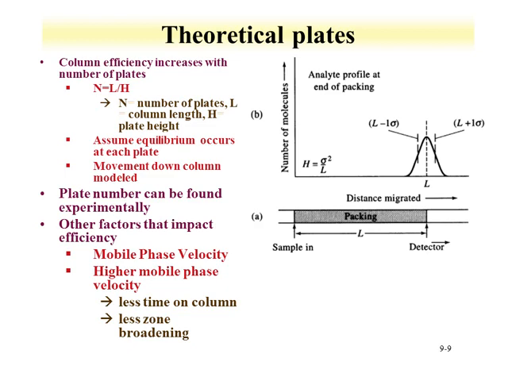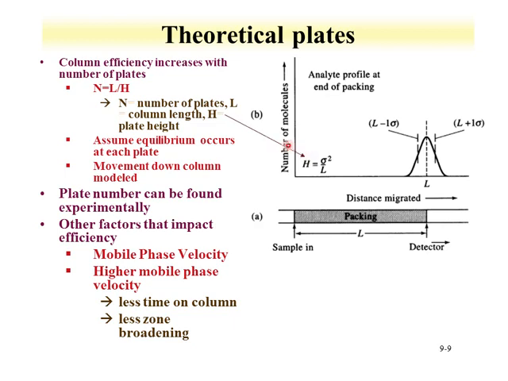This can be thought of as doing that separation numerous times. There's a way to determine theoretical plates on a column, in other words how effective a column is for a separation, from this equation, where n is the number of theoretical plates, L is the length of the column, and H is the plate height.